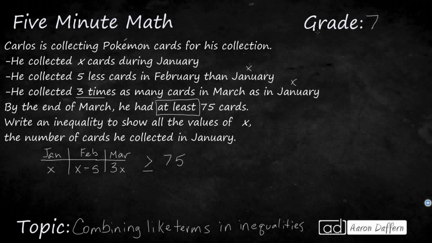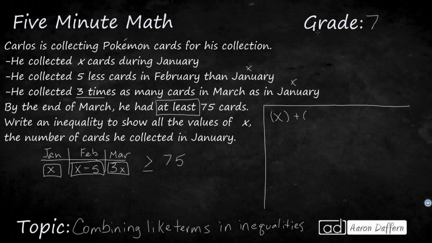Well, we've got 3 different chunks, right? Let's think of them as our terms. We've got our x, x minus 5, and 3x. So to begin with, we can take these 3 terms and combine them, right? I'm just going to put parentheses around each of them to separate them.